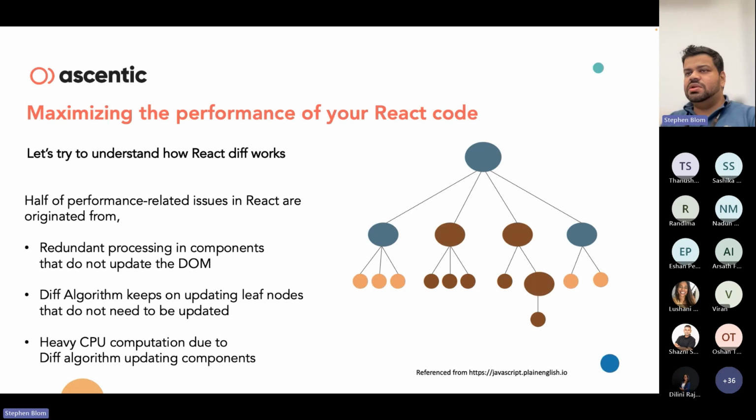How React internally handles performance is that it creates a virtual DOM that is held in memory. It's a representation of the actual browser DOM, so there is a copy of it in memory, which is called the virtual DOM.